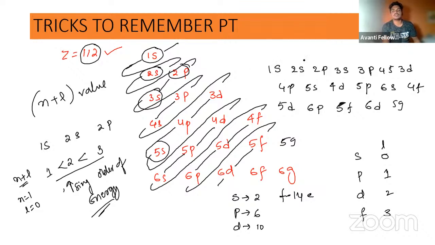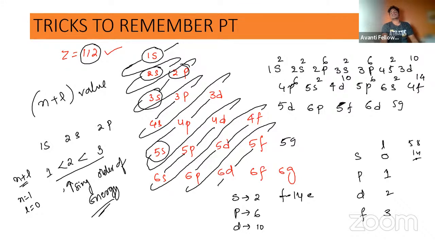So in s 2, again 2, p 6, total 10, 12, count it. 18, 20, 30, 38, 40, 50, 56, and next 58 plus 4, 14, how much?